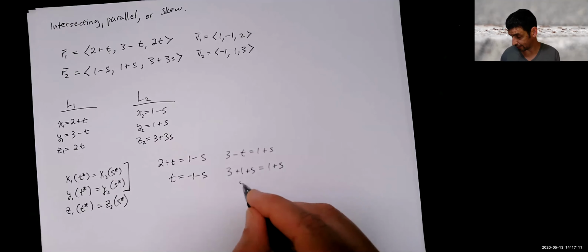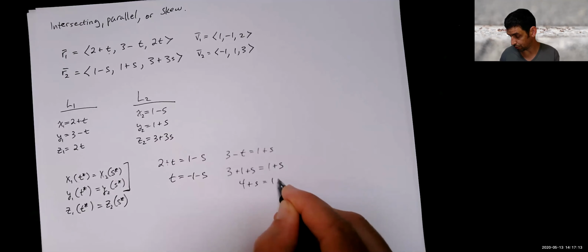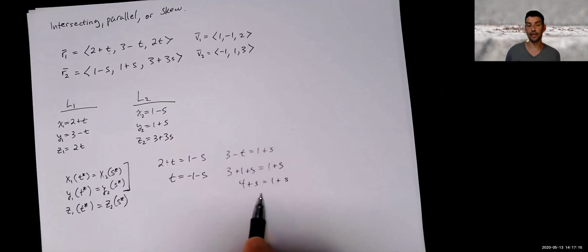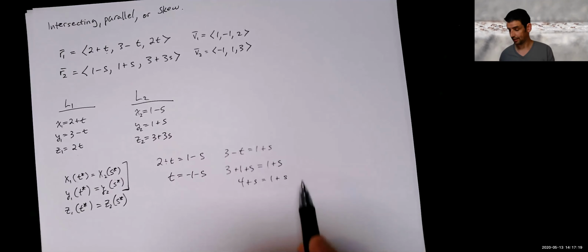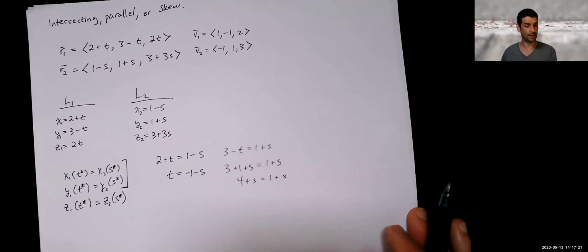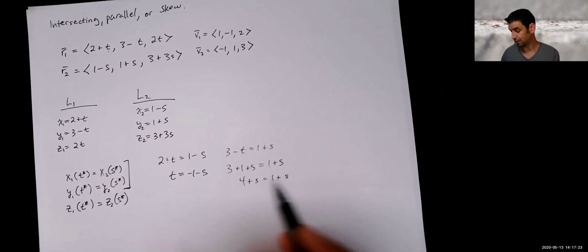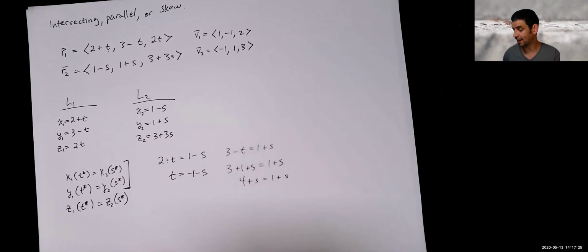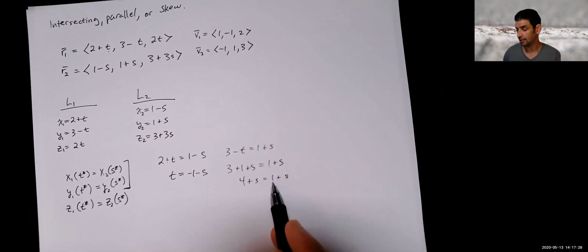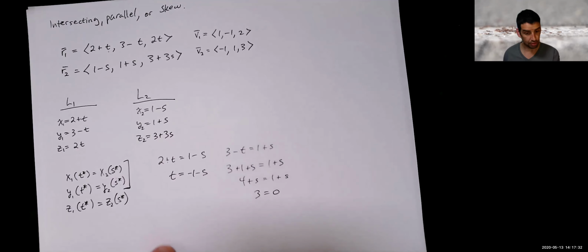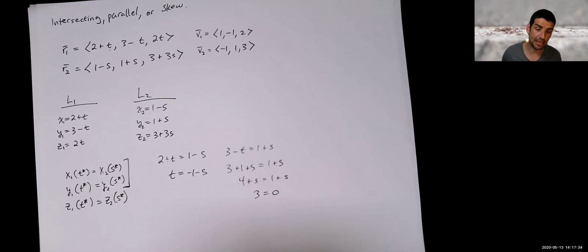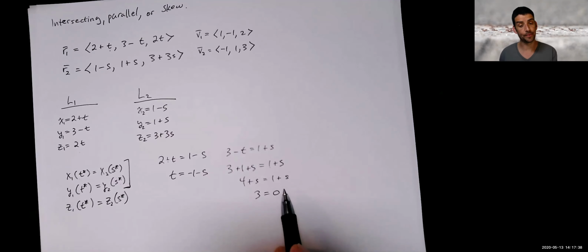We're getting nonsense. 4 plus s is equal to 1 plus s. In other words, s is the number so that when you add 4 to it, it's the same as adding 1 to it. That's nonsense. If you want to take some more algebra, you can subtract s from both sides, and subtract 1 from both sides and get something like 3 equals 0, which is also nonsense. In any event, something's not working, okay?